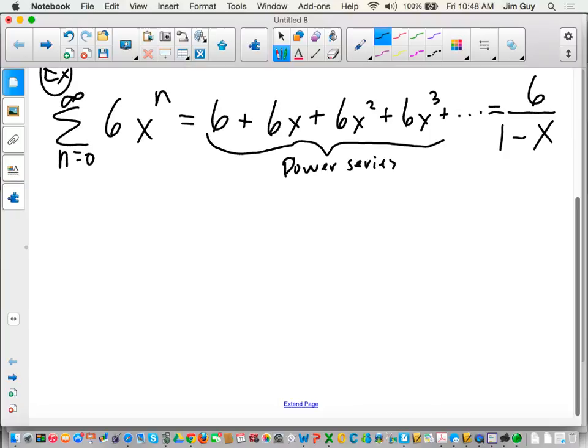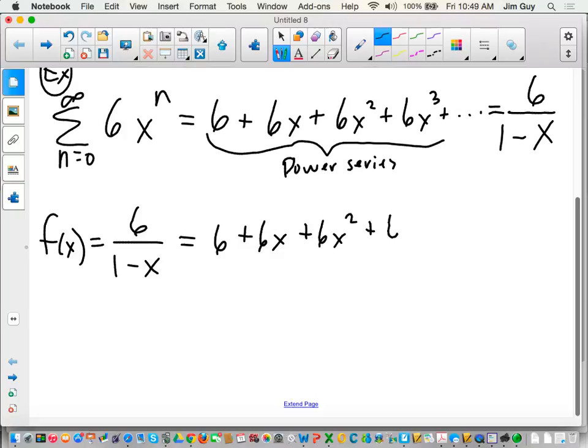In other words, if you think of it as a function, because it is an unknown value here, if we said f of x is equal to this equation, so if you were sitting in Algebra 2 class right now, and I said, hey, look at f of x, there it is. That function is equivalent, we know, to this infinite power series.